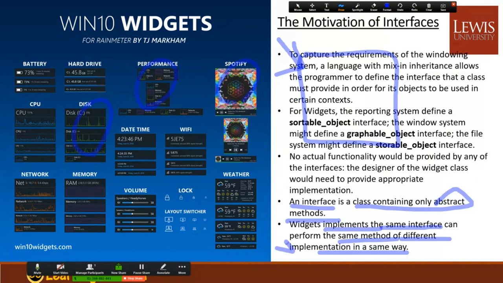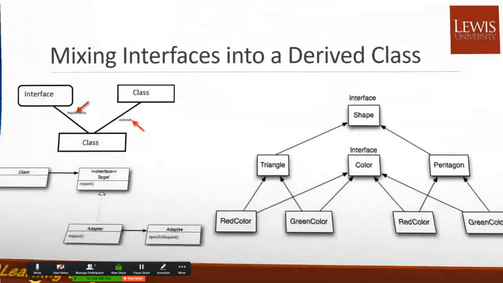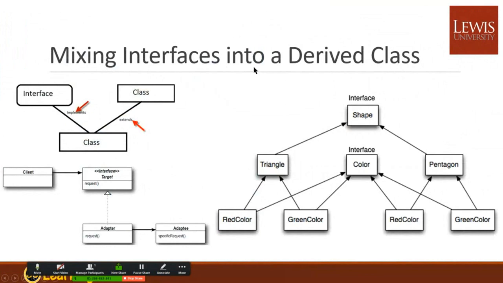Then you need to implement the enlarge function for each different widget. Those implement an enlargeable interface. So this is mixing an interface into a derived class. A class can have multiple interfaces and one concrete class.